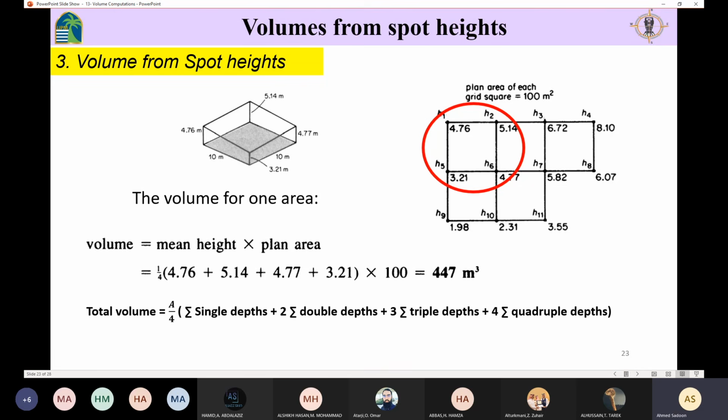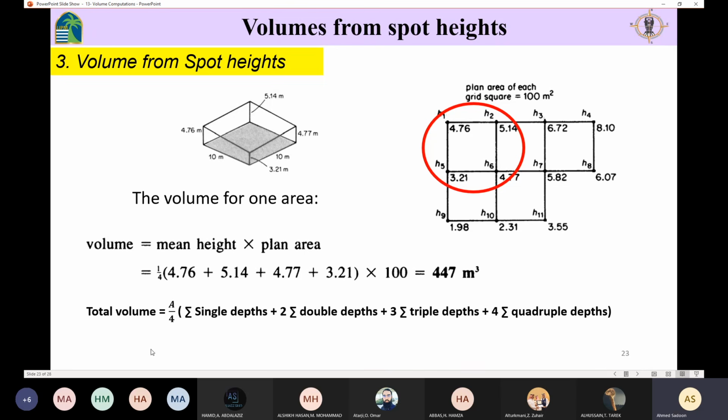Now, in case that I need to determine the volume for all of these spots without determining the volume for this one plus that one and that one, we have one formula that helps us determine the volume for the whole grid. This formula here is only for one spot, for this part only.